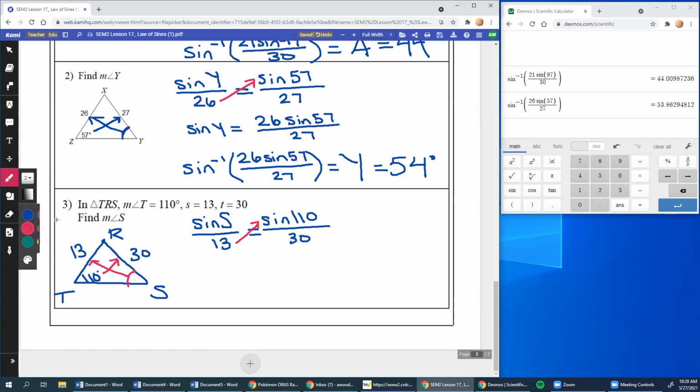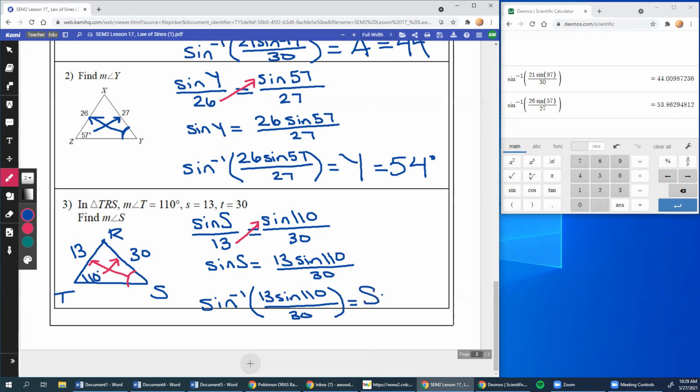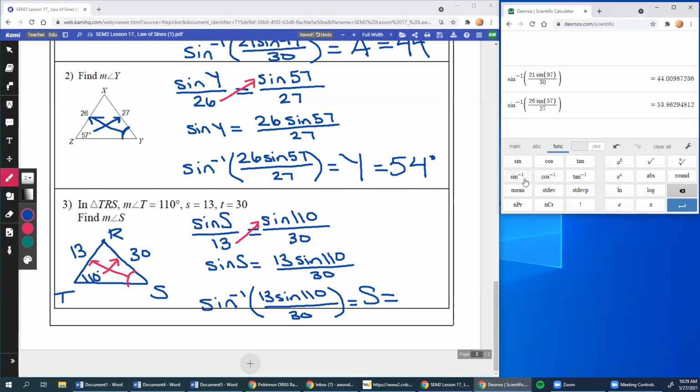13 gets placed into the top. So sine S is equal to 13 sine 110 all over 30. And now we do our sine inverse. 13 sine 110 all over 30 equals angle S, which is now calculator work.